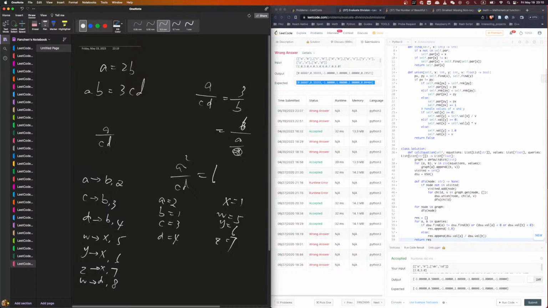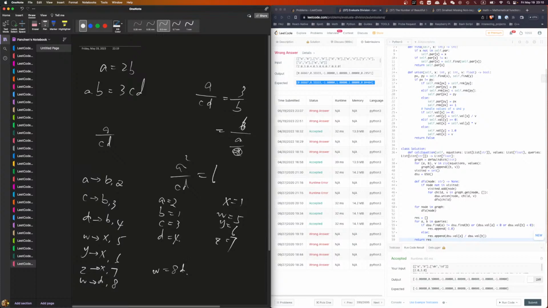W and D. Oh, W and D. W has a value, right? D has a value, but they are all based on somebody else. So someone has to increase. So W shall equal A times D.